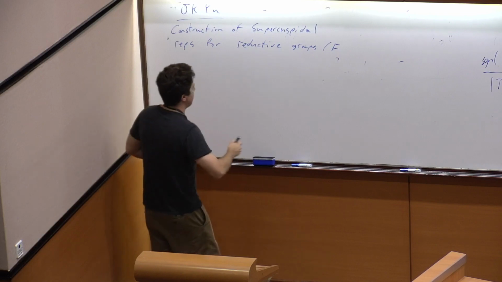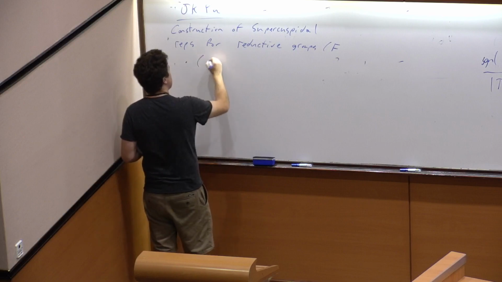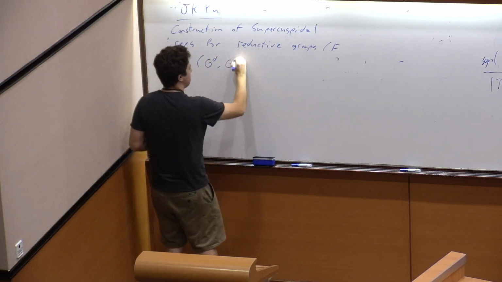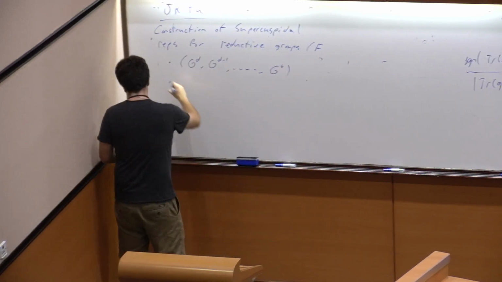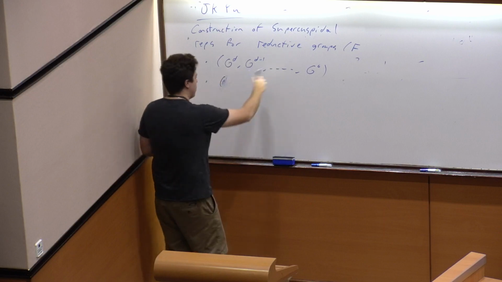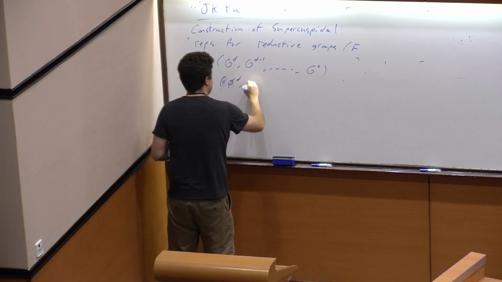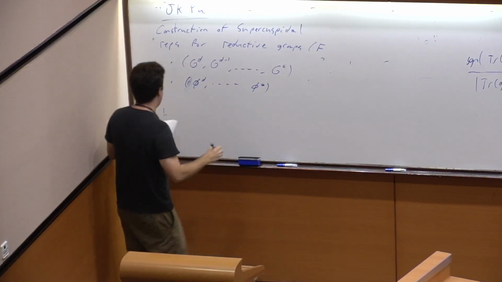For example, the datum that he has to take in to build a representation is a tower of twisted Levi subgroups, a collection of characters, one for each of these Levi subgroups as follows, and also some other data.